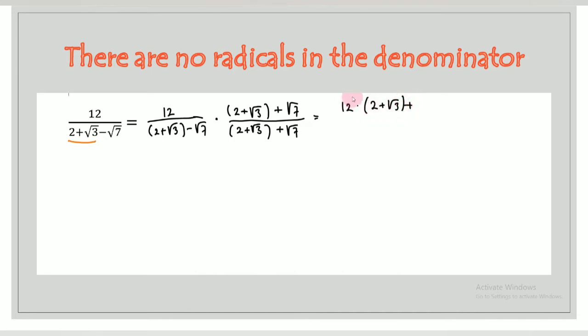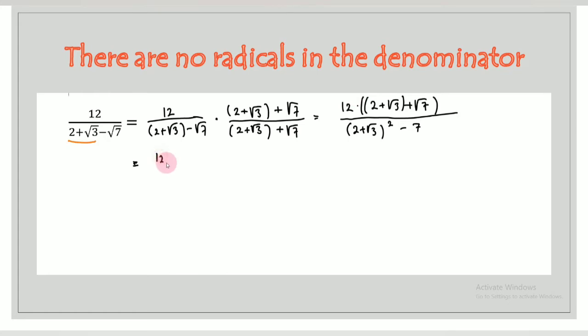So let me just show you step by step. We multiply the numerator, and the denominator becomes the first two terms being squared, 2 plus square root of 3 squared, minus square root of 7 squared, which is 7, right? Before we go further, let's simplify it.